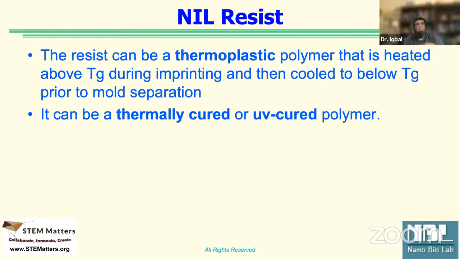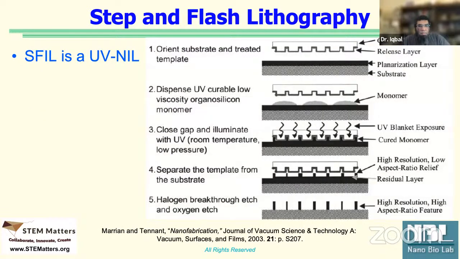Right now, the resist can be cured by heat, or it can be done by UV also. So there are different ways polymers are cured. Curing is the step where the polymer becomes hardened, changes phase from soft, liquidy to hard. So I was talking about S-FIL, step and flash lithography.